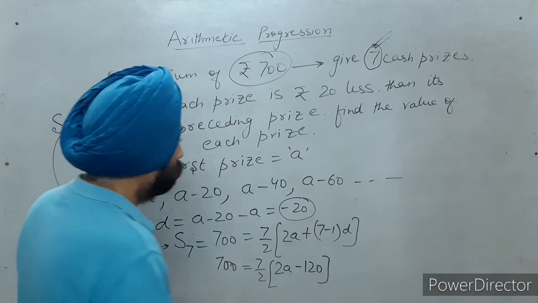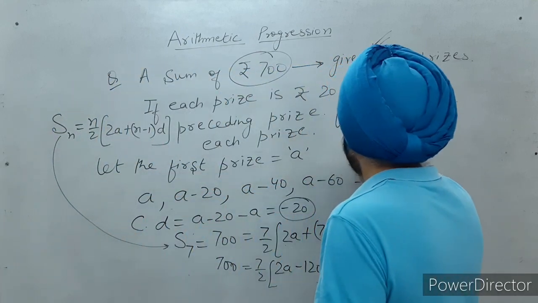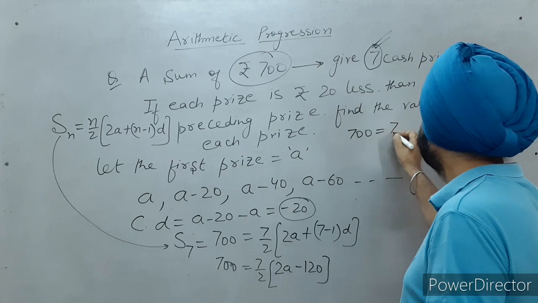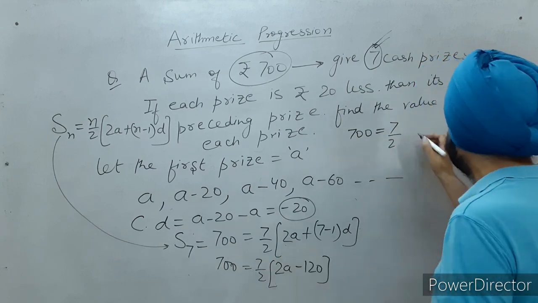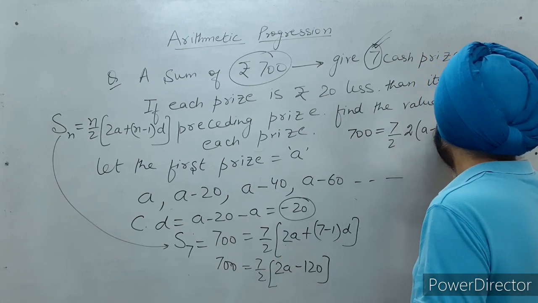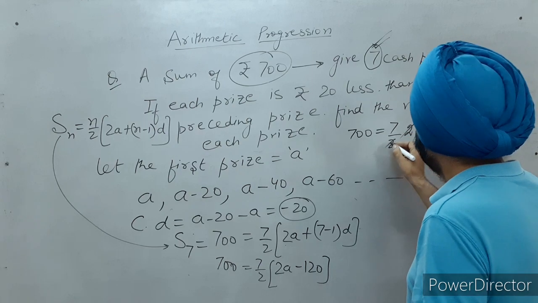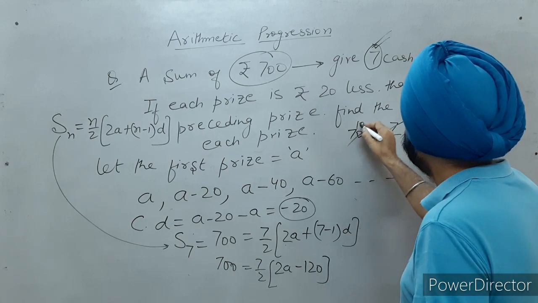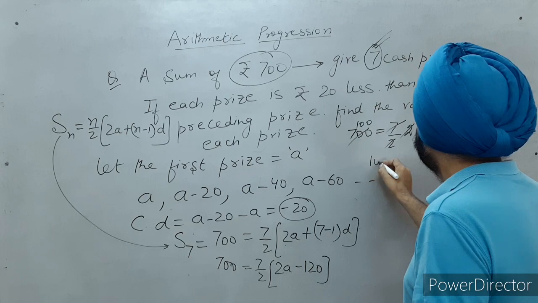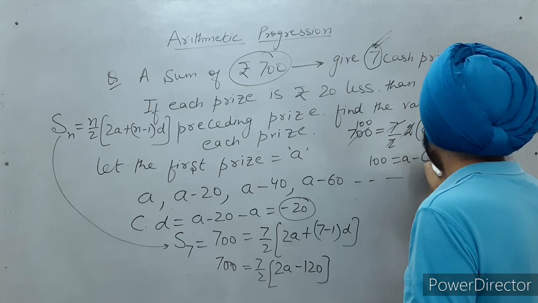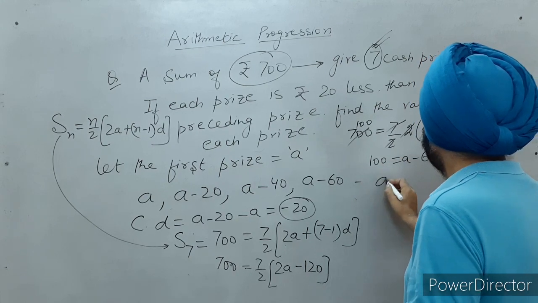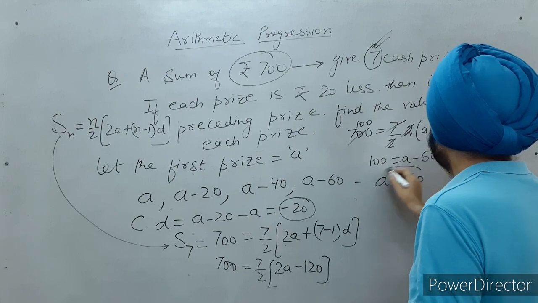Now, in order to make it easy, 700 is there, 7 by 2, I will take 2 common from here, I get a minus 60. This 2 with 2 goes, 700 by 7 is 100. I get 100 equals a minus 60, or a equals 160.